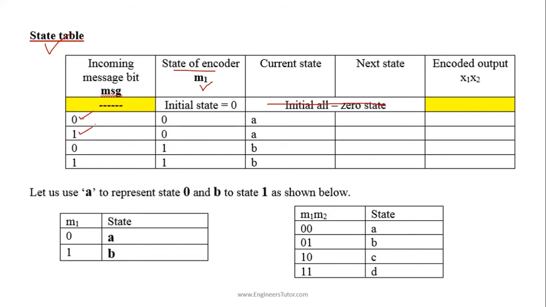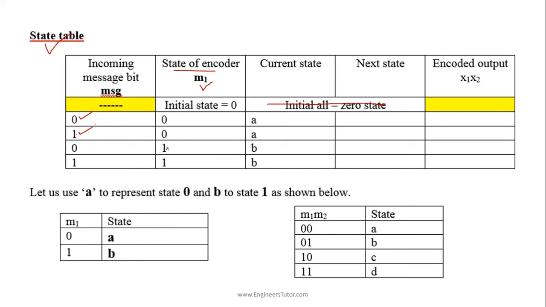So for initial state 0, if the incoming bit is 0, or if the incoming bit is 1, there are only 2 possibilities because it is a binary convolutional encoder. The incoming bit may be 0 or may be 1.